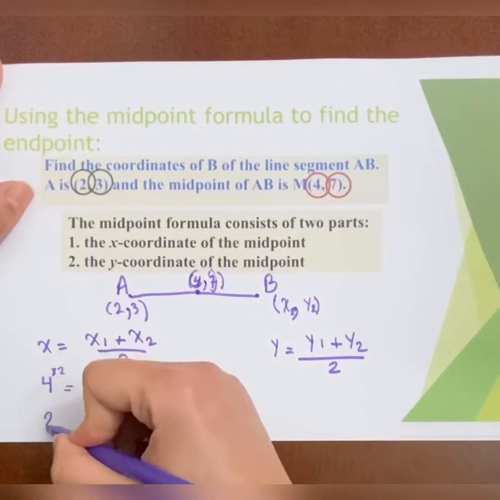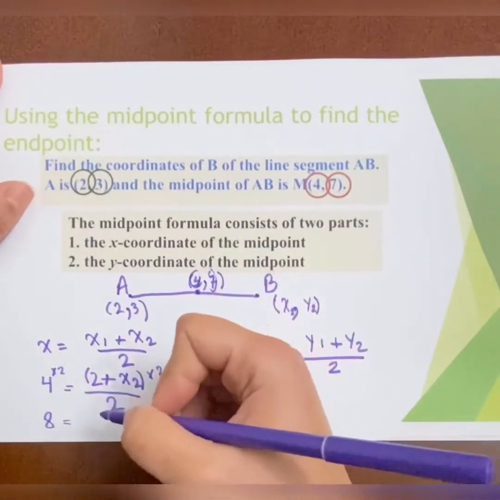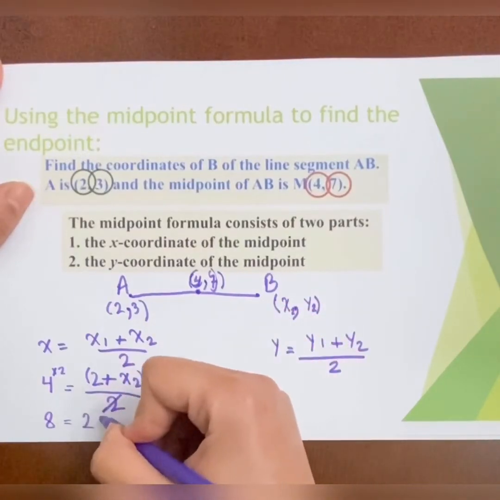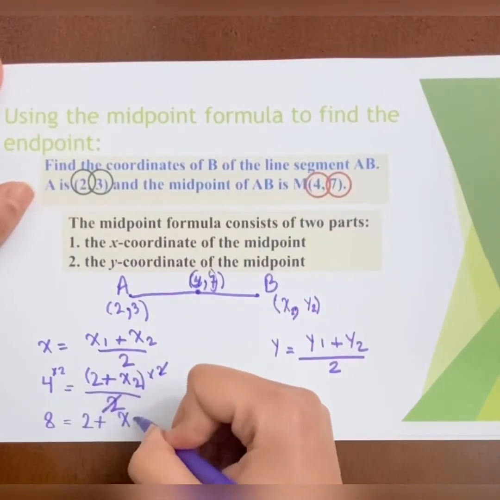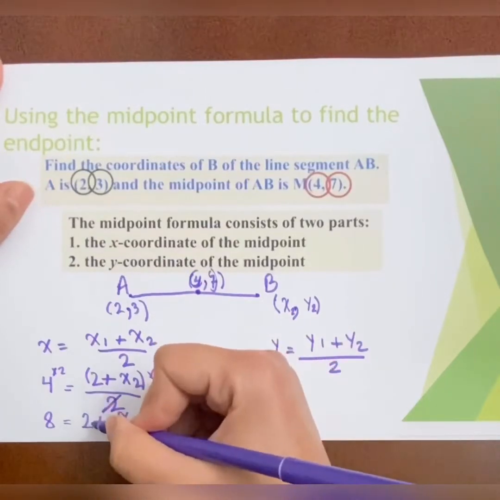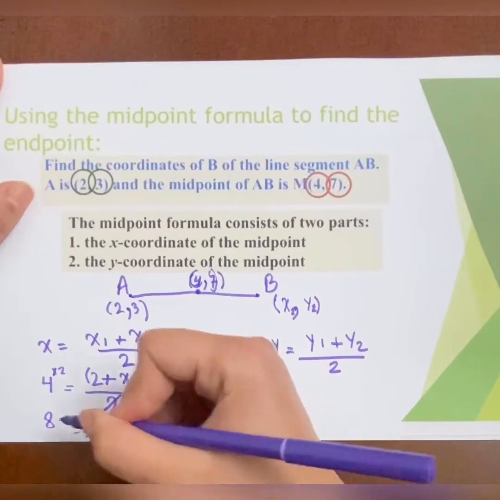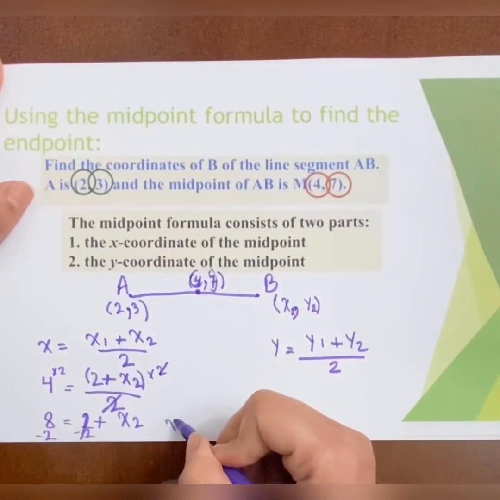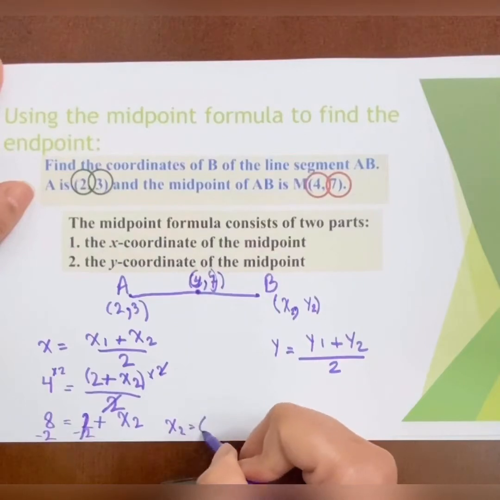So 8 equals 2 plus x2. In order to find x2, we have to get rid of the addition. Minus 2, minus 2. So x2 equals 6.